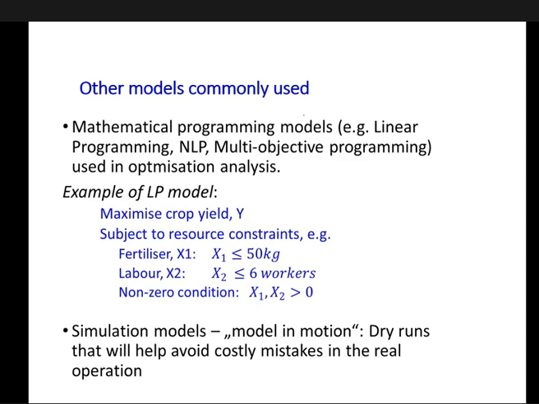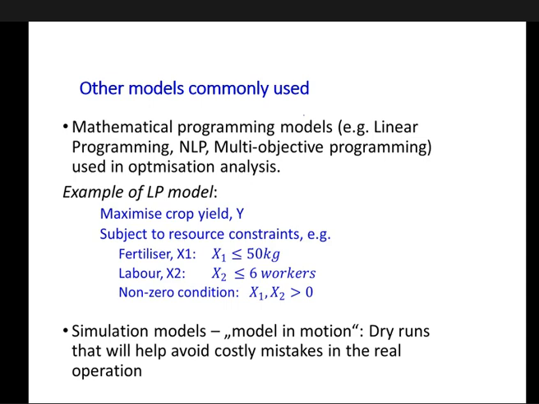If, for example, you have run an equation and it says that to increase the yield of a crop, you need to have applied 20 kilograms of fertilizer. Now, in the simulation model, you say, let me assume the fertilizer amount is increased by 5%.